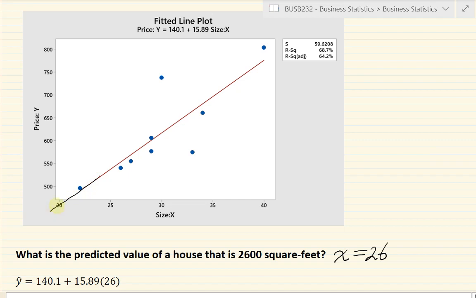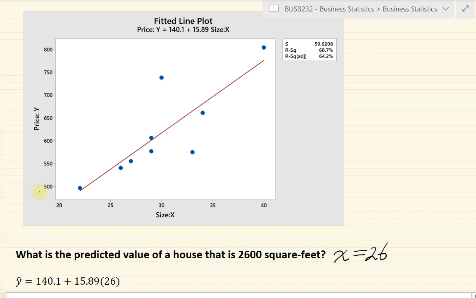If I extend it, I'm going to come to a negative number. When x is 0, I'm going to get a negative number, like negative 50. That means the price of a house that is 0 square feet, meaning the house doesn't exist, is worth negative $50,000.